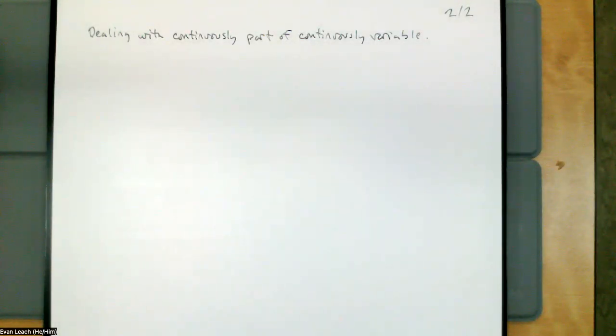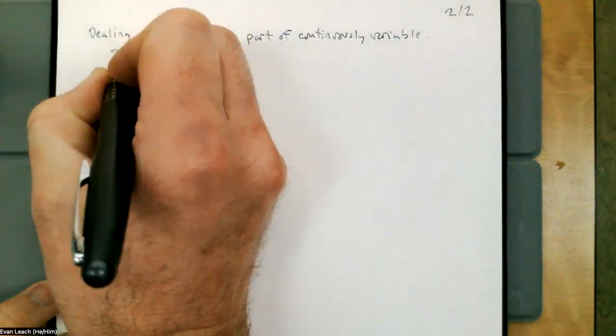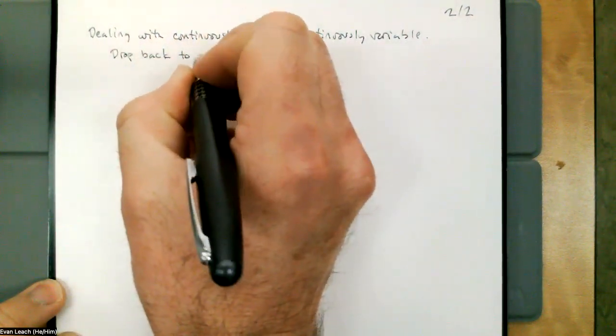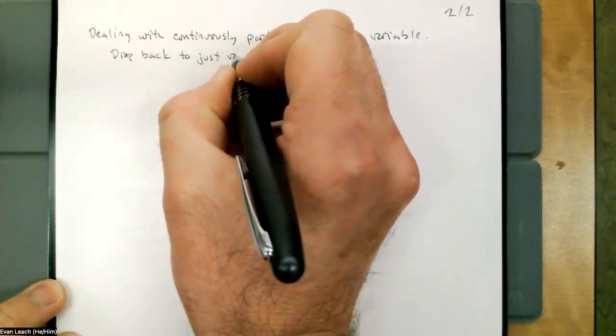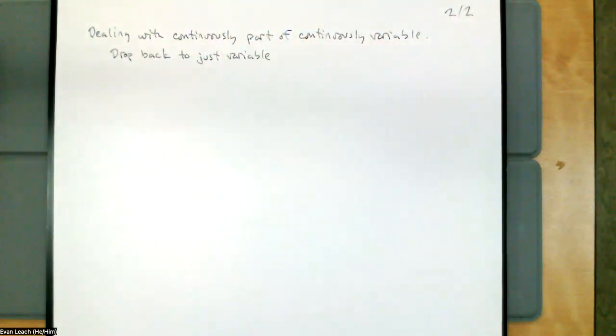We're going to assume that the function is constant in short bursts. That's how we drop back to the previous case.